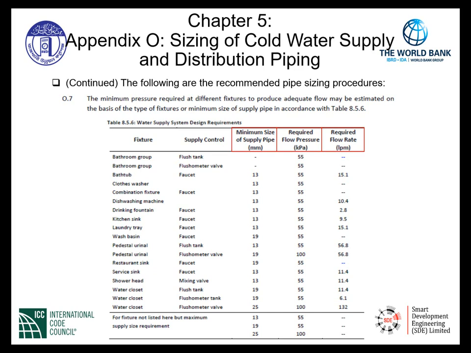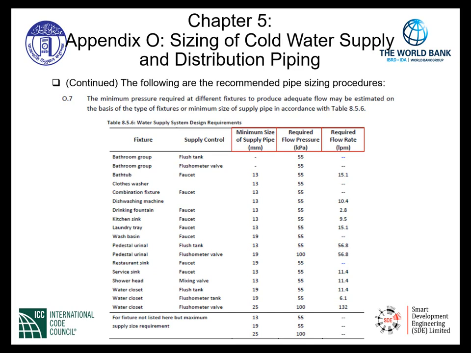For the kitchen sink, having a minimum pipe diameter of 13 millimeters, we are required to have a required flow pressure of 55 kilopascals. The very last column, required flow rate in liters per minute.